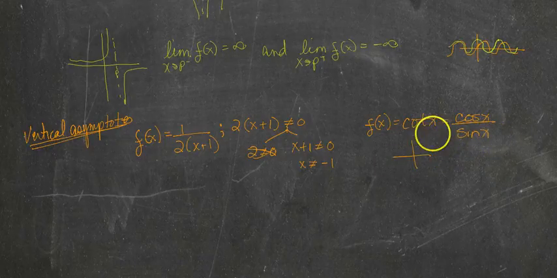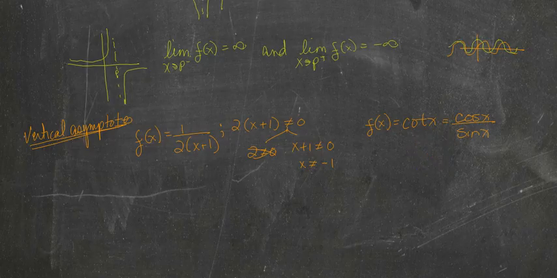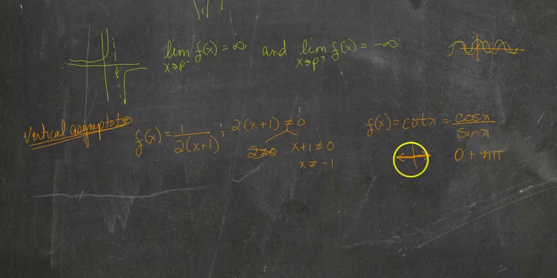So if I do the unit circle real quick and just look for a sine, well, sine is always the y values, and the only place where y equals 0 is when you have an angle on the x-axis. So at pi and 0, or I could say at 0 plus n pi, at every angle of a multiple of pi from 0 is going to have a vertical asymptote.